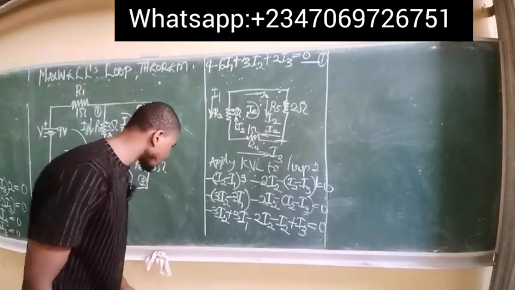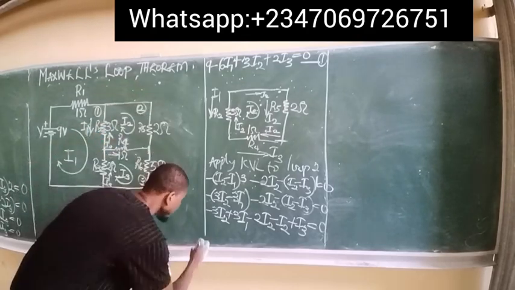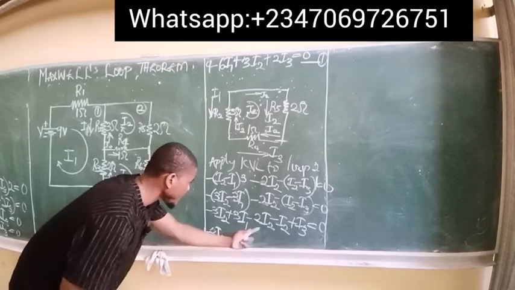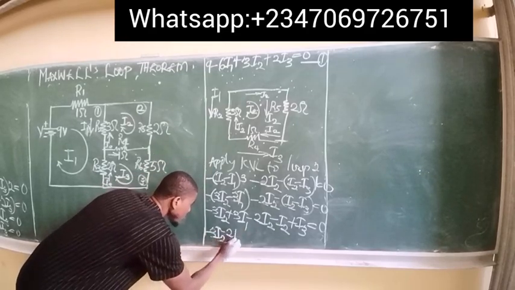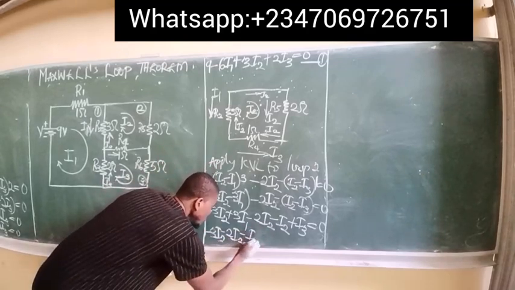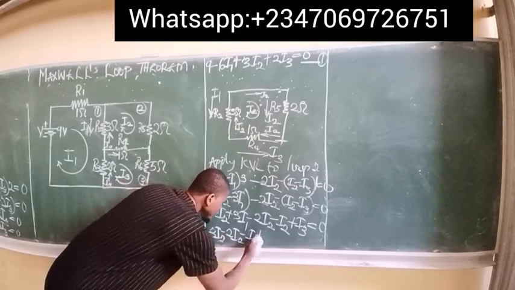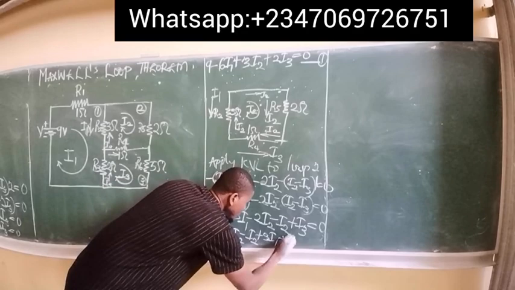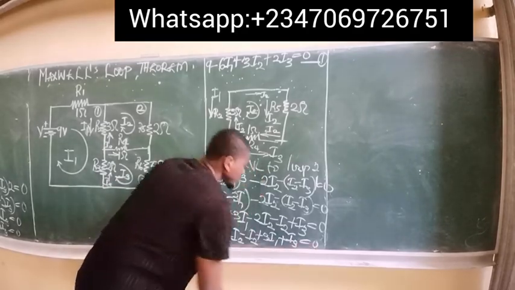Alright, so from here now, I can collect like terms. I have here minus 3I2, I have minus 2I2, and I have minus I2, plus 3I1, plus I3, and this is equal to 0.